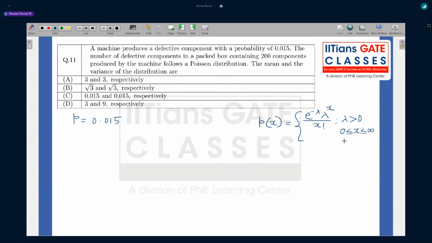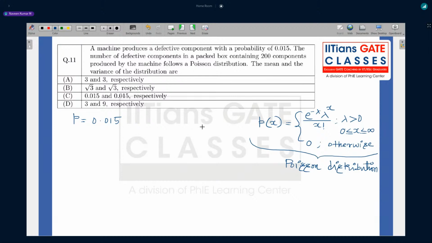This is the condition, otherwise the probability distribution is 0. So this is the Poisson distribution. Good.